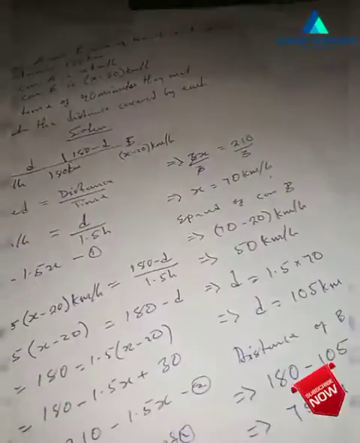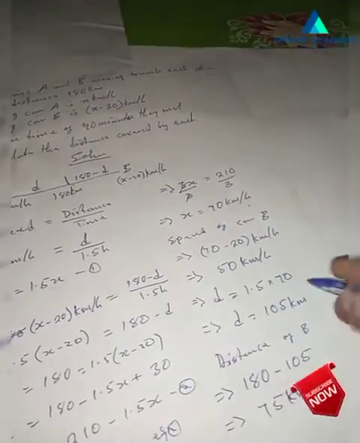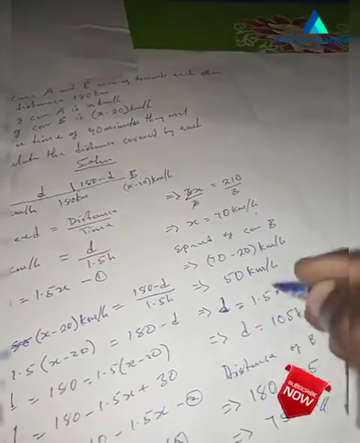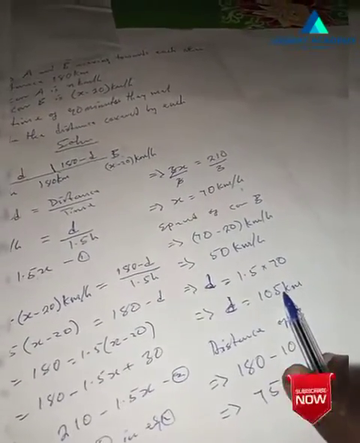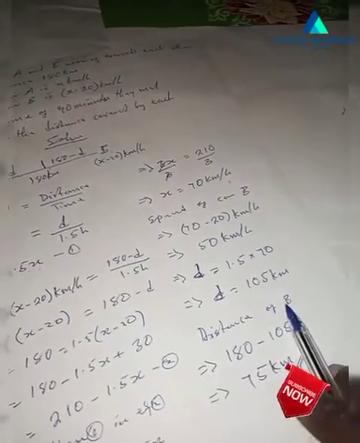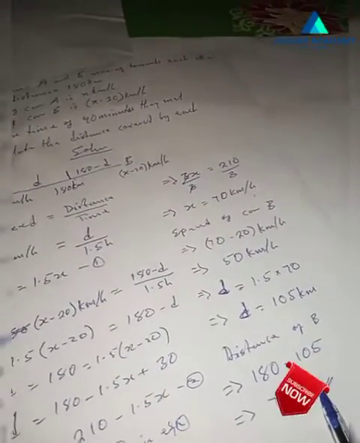Okay, so this is the procedure, and this is how it should be. So the distance covered by car A is 105 kilometers. Then the distance covered by car B becomes 75 kilometers.